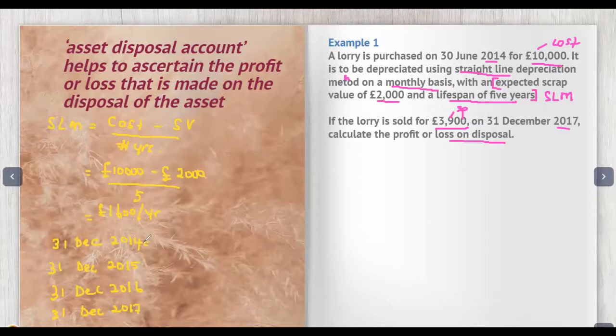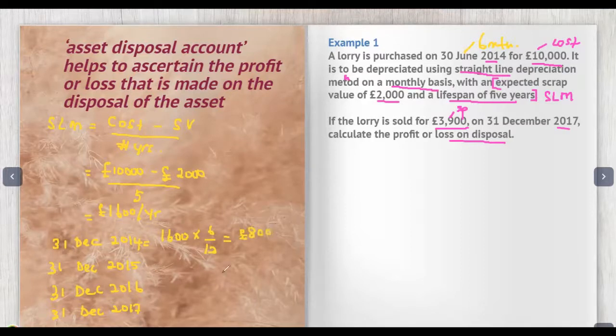Now in the first year, we only had this lorry for 6 months, so we just have to do 6 months' worth of depreciation. How do we do that? 1600 times 6 over 12, so we prorate it monthly. That should give us 800 pounds.